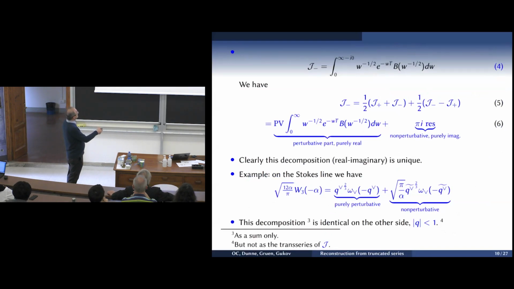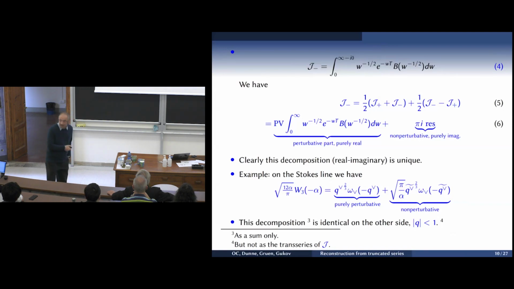So this is the same Mordell integral, but on the other side of the so-called boundary. This doesn't have a boundary. And you write it as the half sum of the upper and lower analytic continuation.